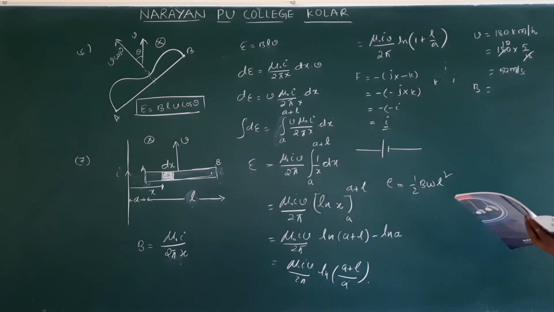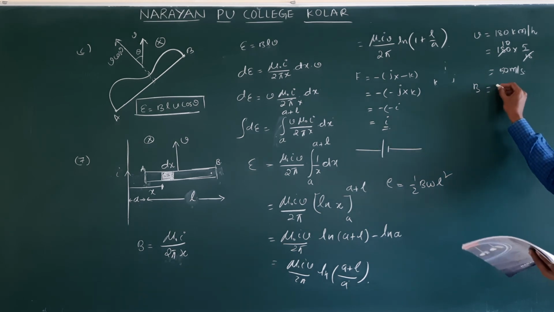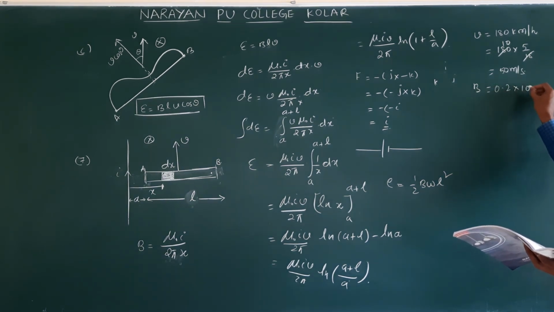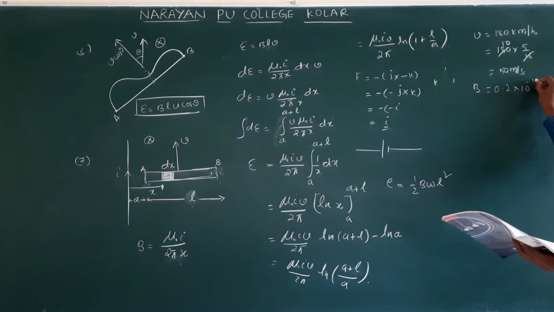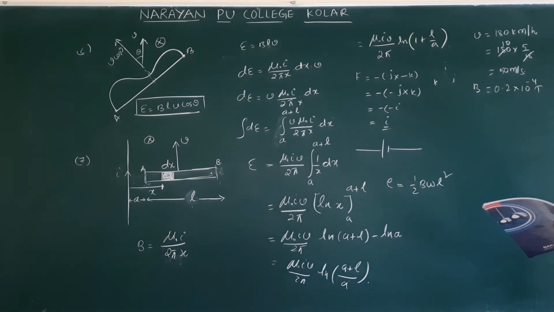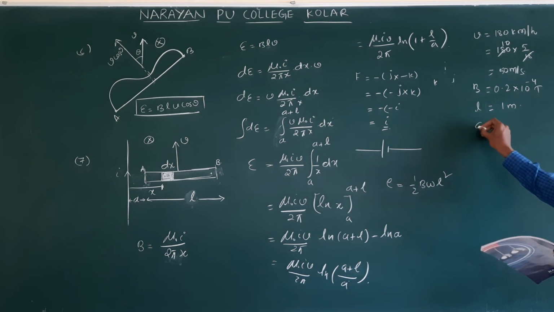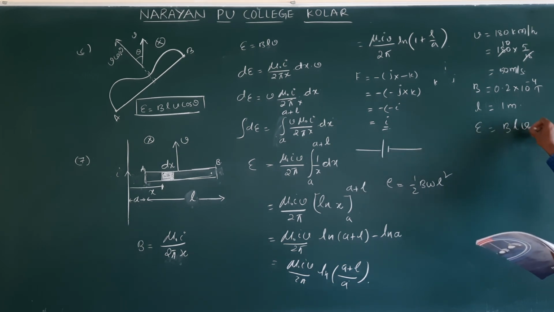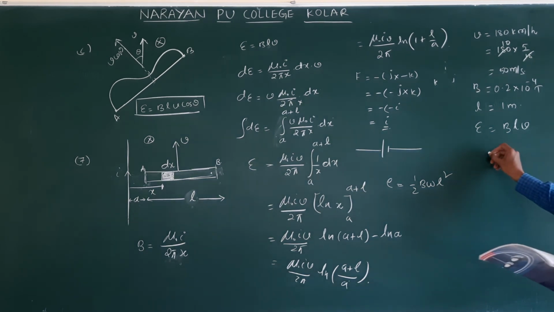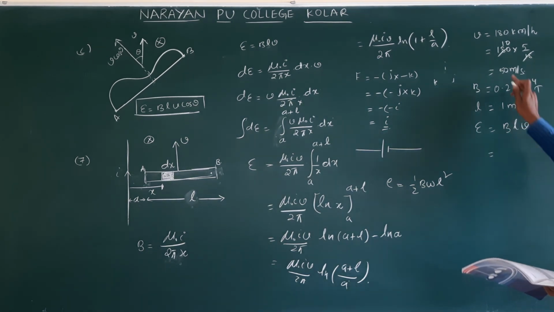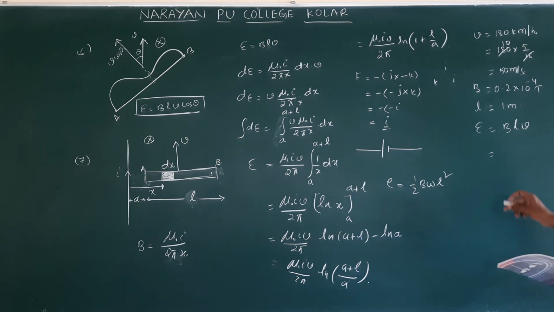Magnetic field: the vertical component of the Earth's magnetic field is given, that is B, 0.2 × 10⁻⁴ Tesla. Next, the separation between the two rails is the length, the gap between the two rails. L is equal to 1 meter. Then induced EMF E is equal to Blv. EMF is measured in volts, and the millivoltmeter will measure it, so the answer is expressed in millivolts.